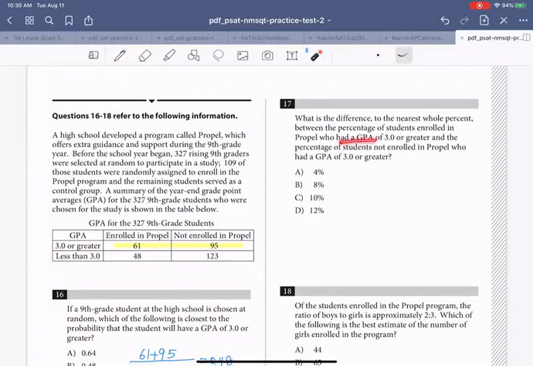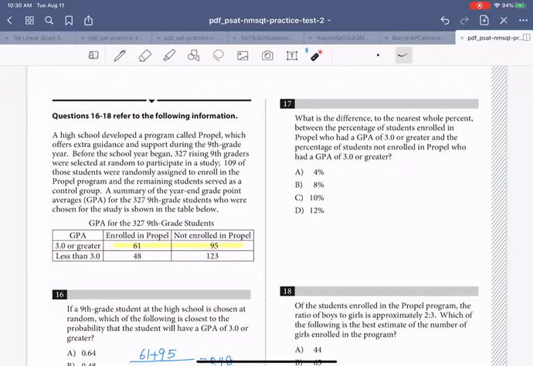Who had a GPA of 3.0 or greater? They are all talking about this, right? Yes. They are not talking about students whose grade is lower than 3.0. So you only need to care about these two numbers.